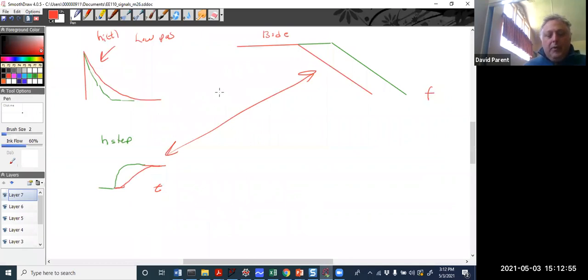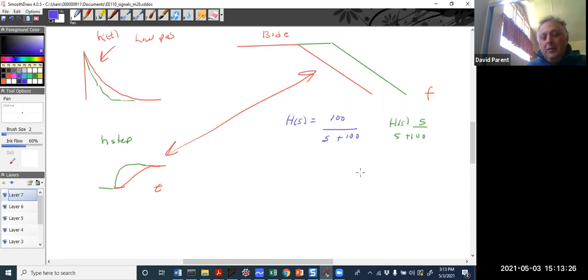So, but what does this look like? We can analyze this a little bit better. So let's say we have H of S. I'm just going to make up a low pass transfer function. And we can have a high pass transfer function. And we want to know what the step response is going to be, right?